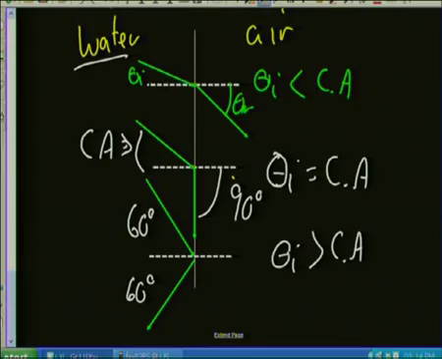Even though we're going from water to air, we recognize most times light is going to pass from water to air. Water is a transparent material. But if the angle of incidence at the boundary is bigger than the critical angle, bigger than 48.75 degrees, then we're going to find that there's internal reflection.